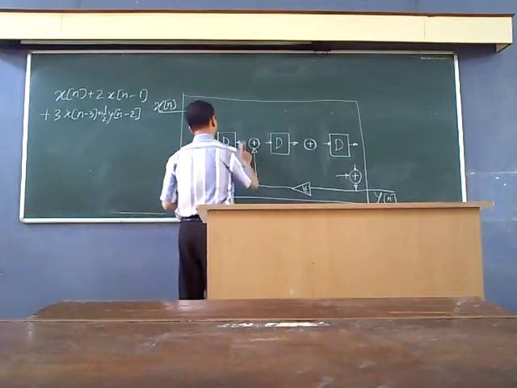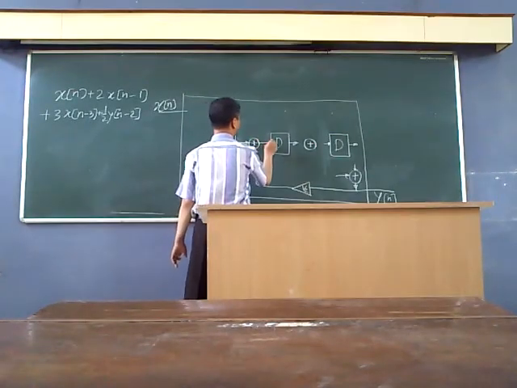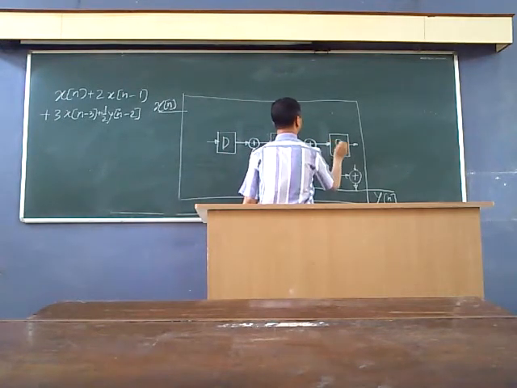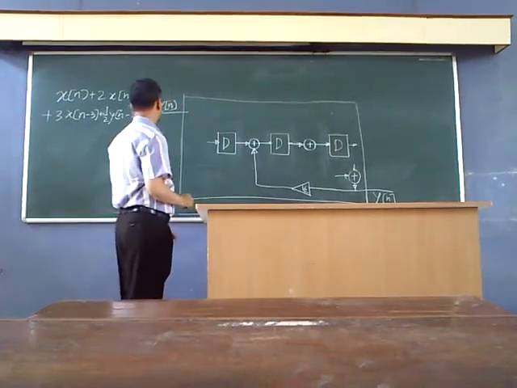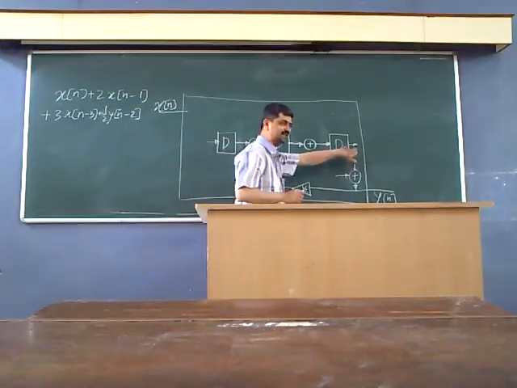So we have one more thing, that we have this connection directly. We don't have any addition here. So xn is available, and at the end we can have multiple additions.